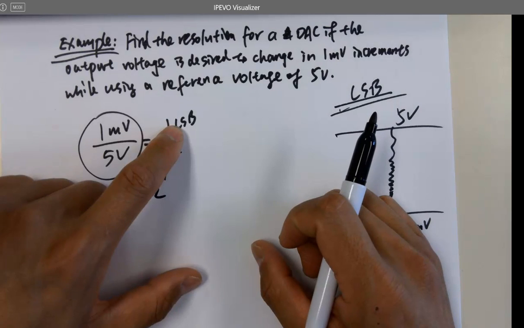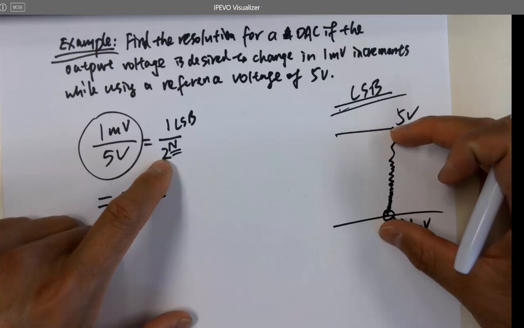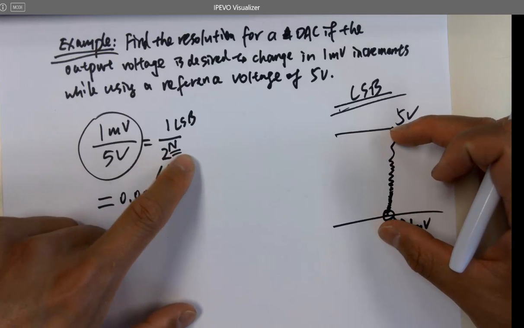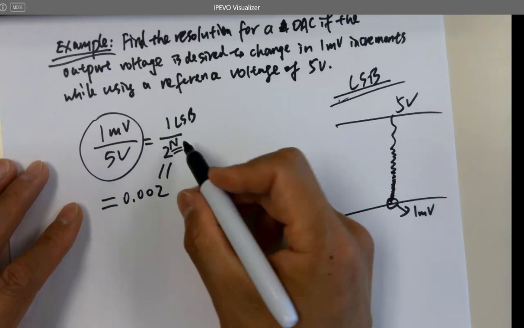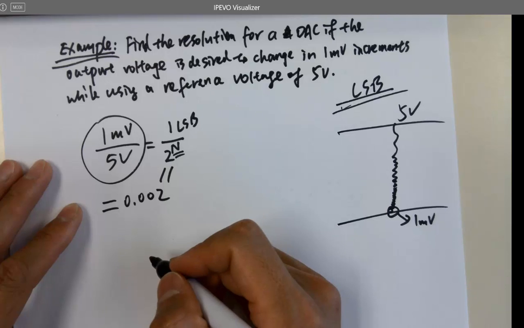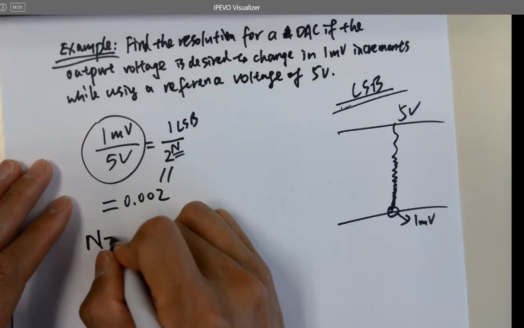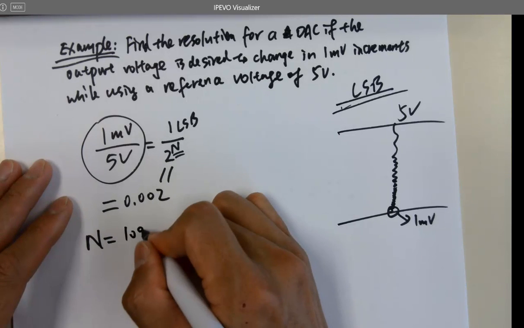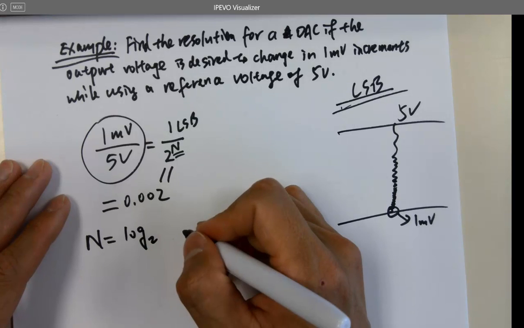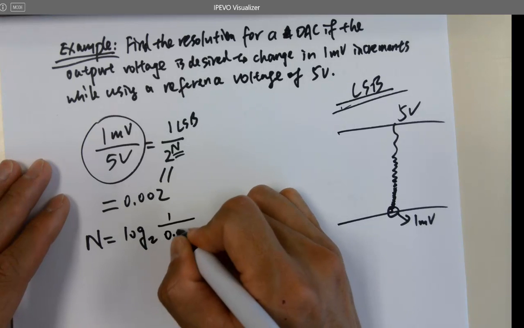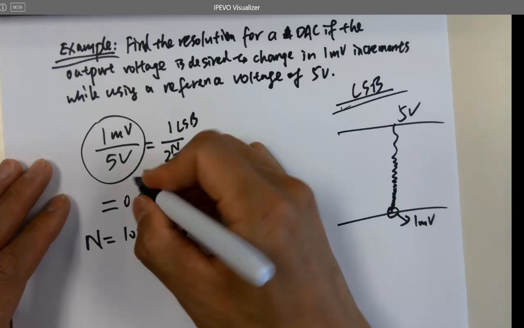This is 1 LSB, right? So for the whole range, you have 2 to the n LSBs. Does that make sense? So this equals this, and then n equals what? Log base 2 of 1 over 0.002. That's 3 zeros.